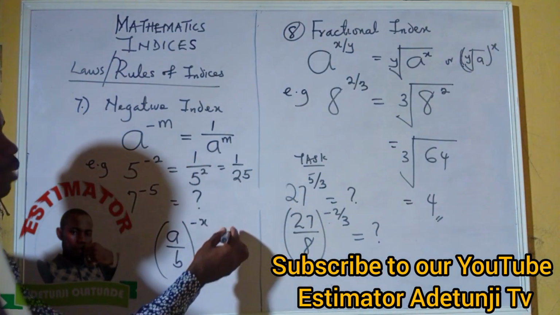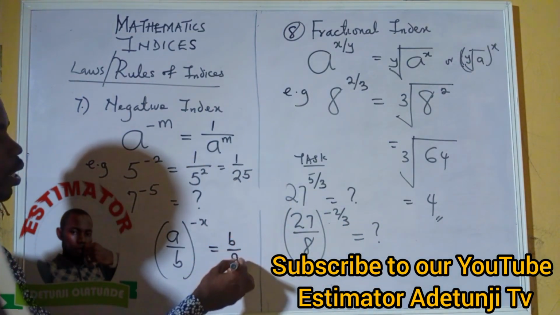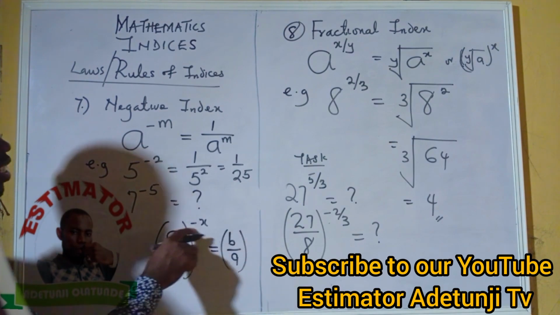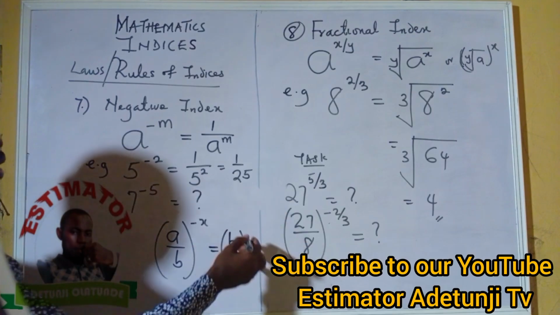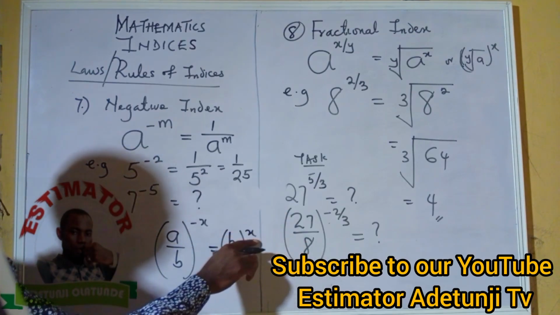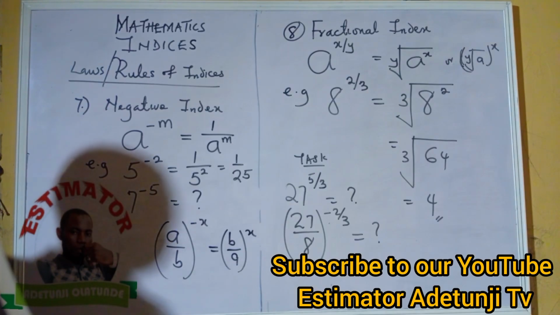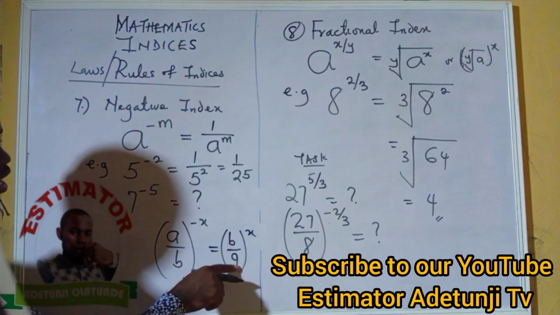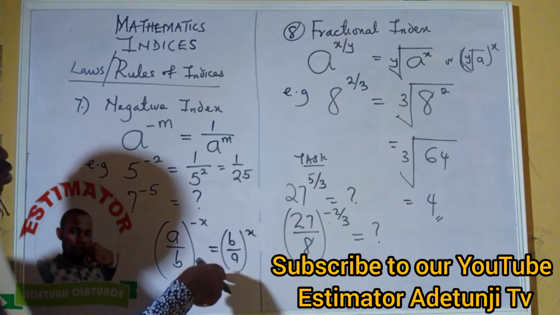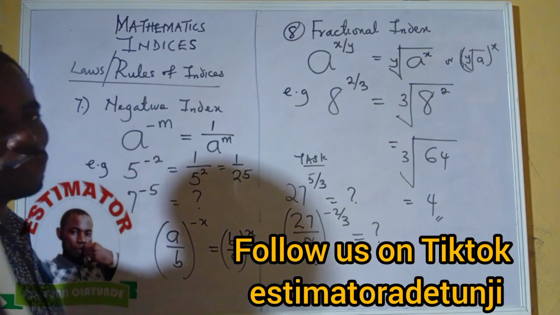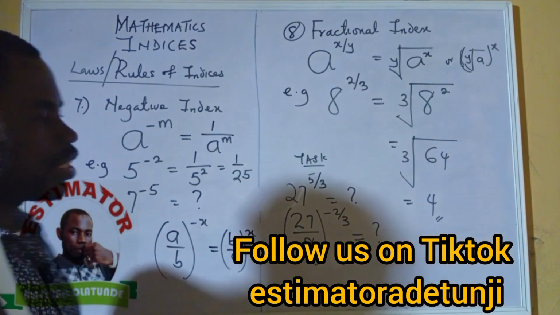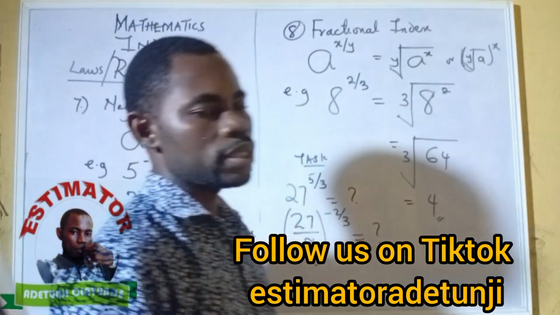What am I saying? I'm going to have b over a. By doing this, the negative sign will disappear, and I only have the exponent without the negative sign. So I think that will be guiding, and from there you have entered another rule. You continue. If you check very well, you have entered the rule of the quotient, and you continue from there.